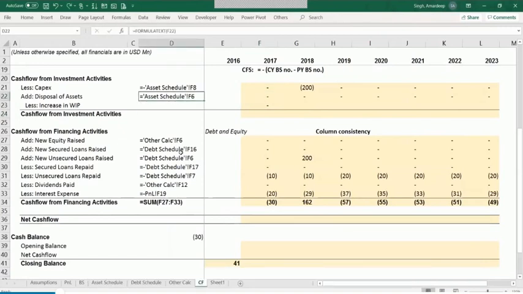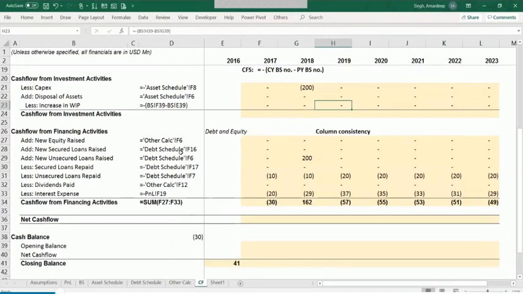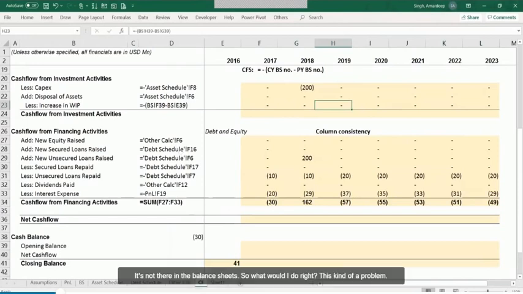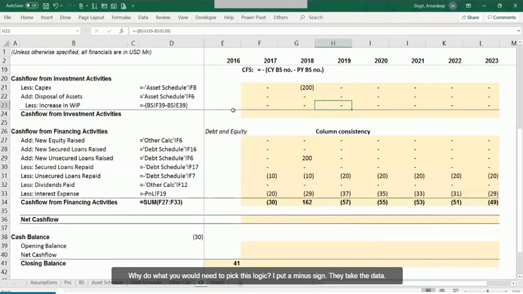increase in CWIP. See, over here, we would definitely be tempted to ignore this line. The reason is that we don't have anything in the balance sheet, so why would I even write a formula out here in the cash flow statement? It's not there in the balance sheet. So why do I even need to pick this logic, put a minus sign, take the delta and then have it here?